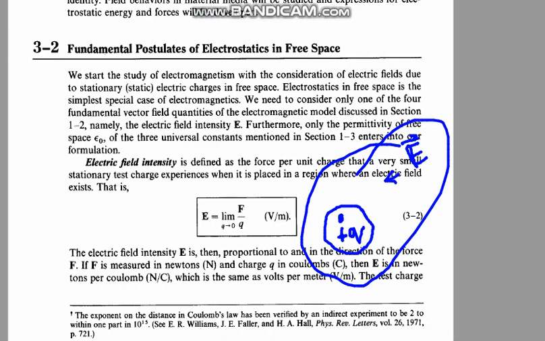That means, as we know, in an electric field there is a force. If a test charge experiences a force in an electric field, then it is known as electric field intensity. That means force per unit charge.